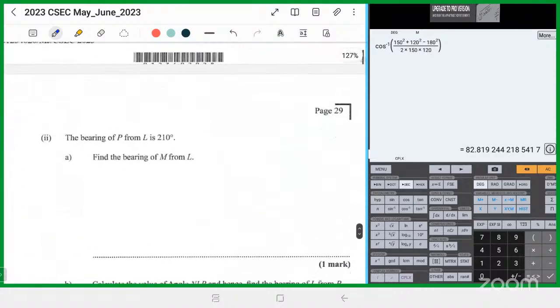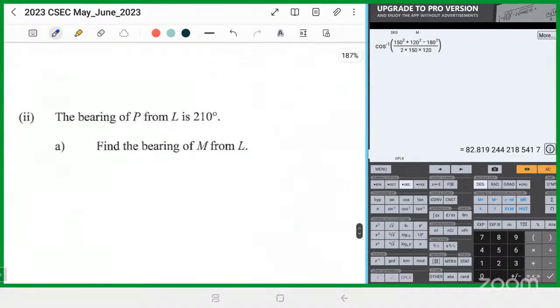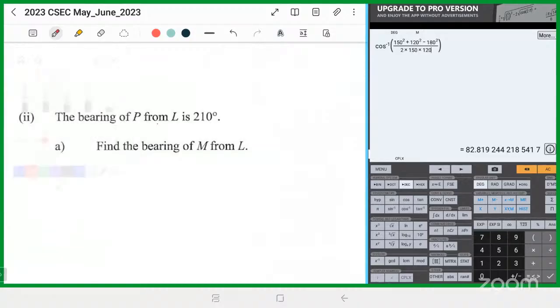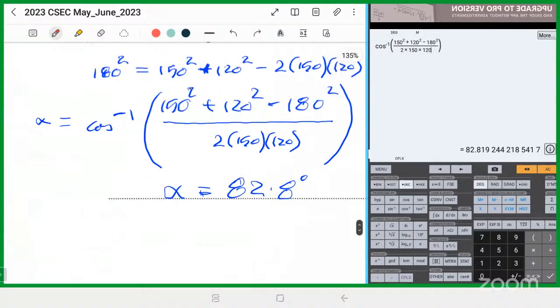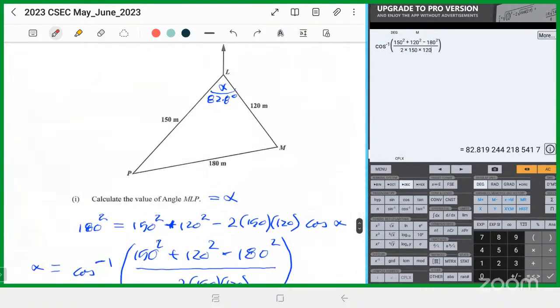The next part now gives us a bearing: the bearing of P from L. Let's make sure we get it right. It's from L to P, and the bearing is 210 degrees. Let's put it on the diagram. See L here, we're talking about the bearing of this direction. It's 210 degrees.